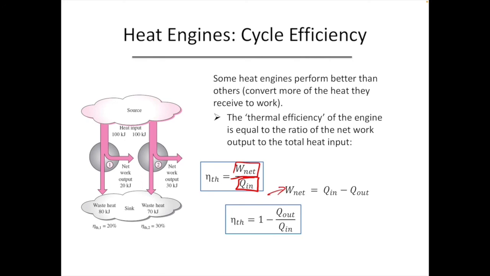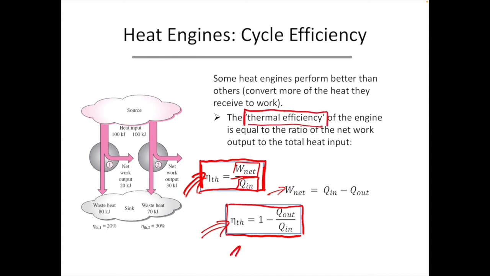So we can also express the thermal efficiency of the cycle as 1 minus Qout, the rejected heat transfer, divided by Qin, the heat transfer in. That is two different ways that we can calculate the thermal efficiency of the cycle, and that's what that symbol there means.